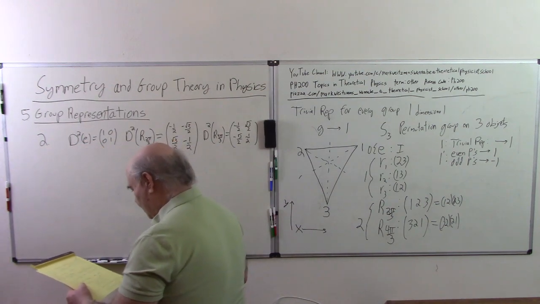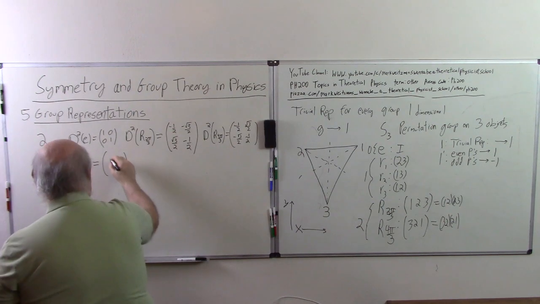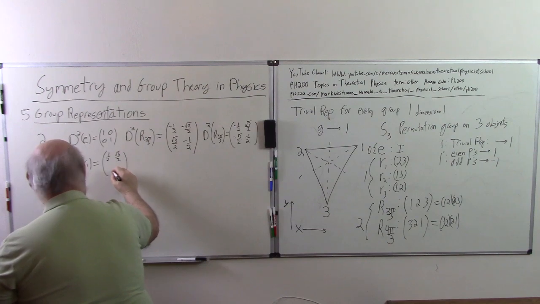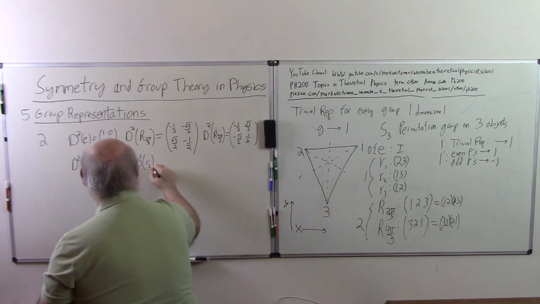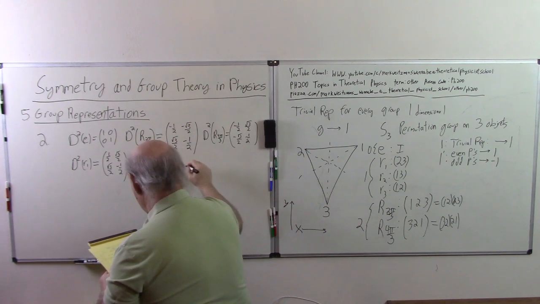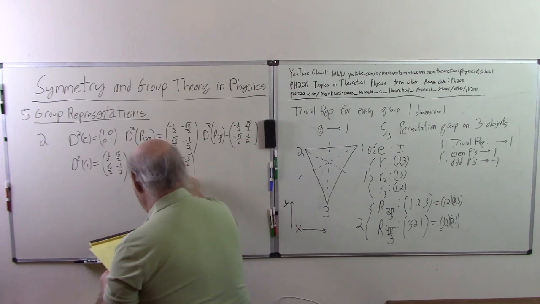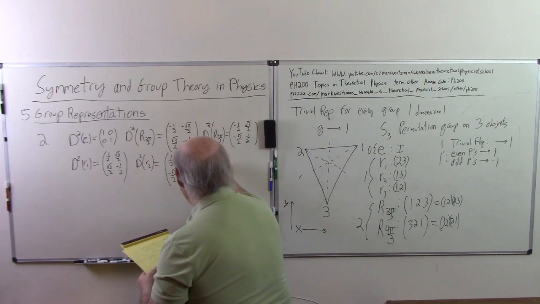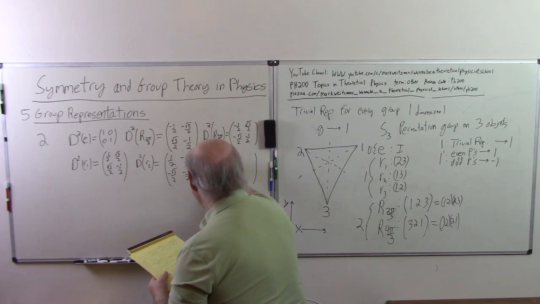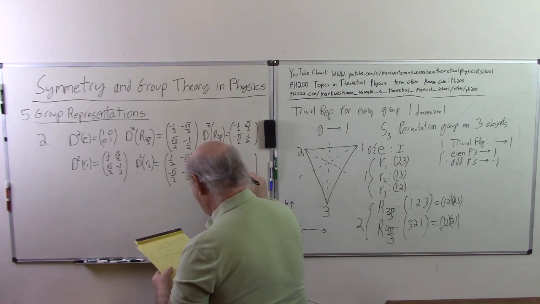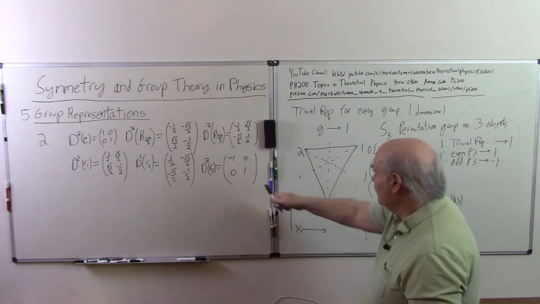Now we've got 3 other group elements, the reflections. So here too, let's start with the simple one, R3.